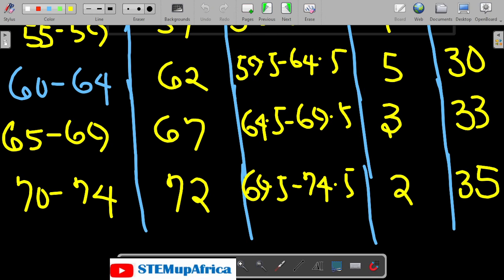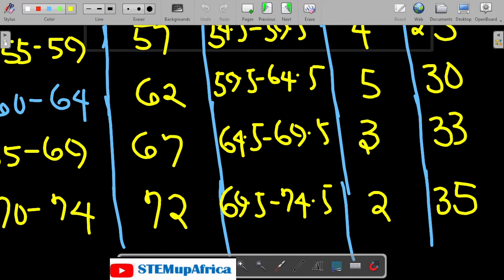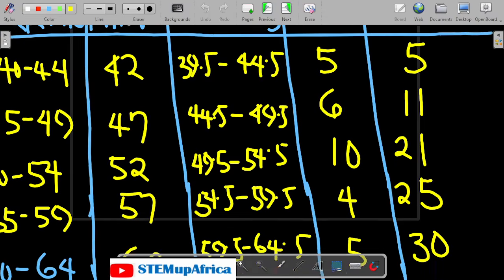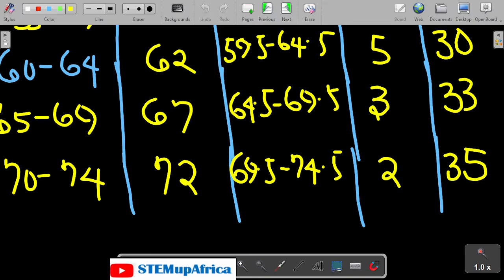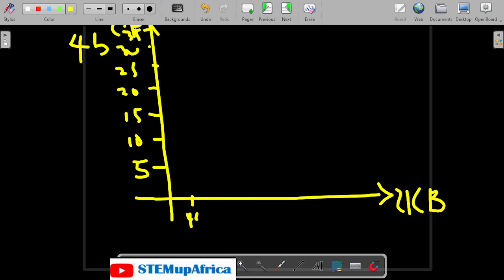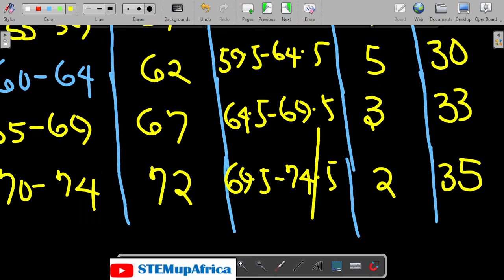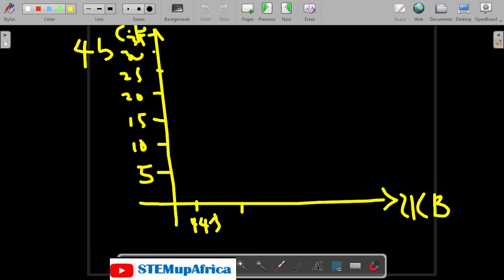We start from 44.5 to 74.5. So I'm having here 44.5, followed by 49.5, 54.5, 59.5, 64.5.